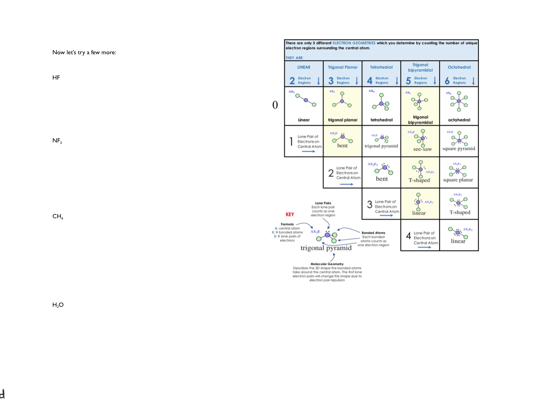It also shows you bonded atoms, that those are going to be the straight lines attached to the sphere at the end. And then there's a key for a formula, which we don't have to worry a whole lot about, but that's there if you need it. Okay, and then the electron geometries are all listed up here at the top of each column.